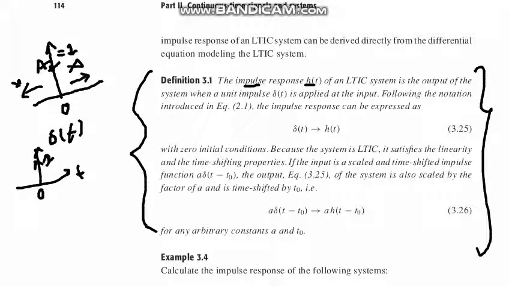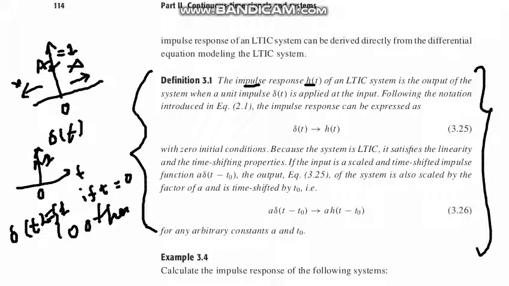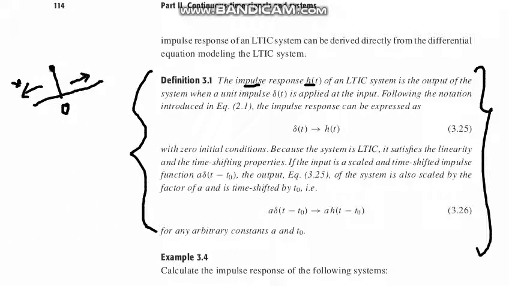The condition is delta(t) is equal to 1 if t is equal to 0, otherwise 0. So that is known as the impulse function.